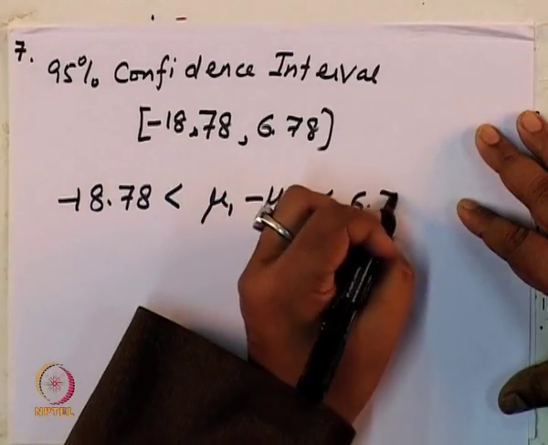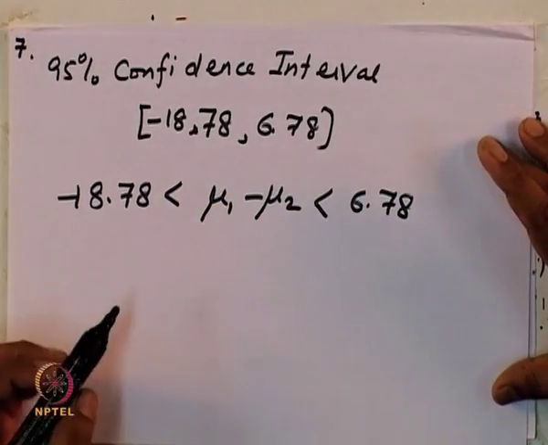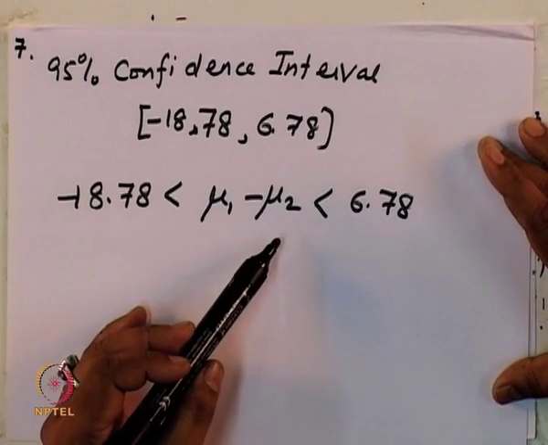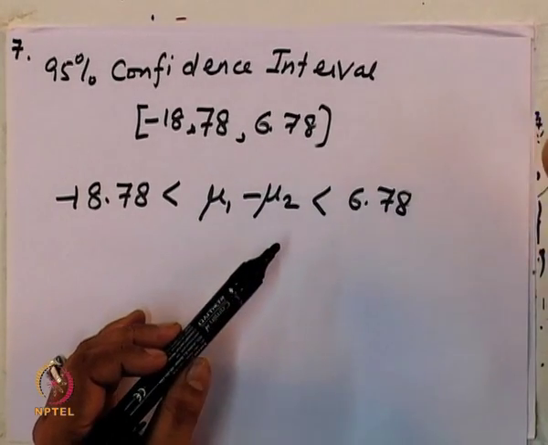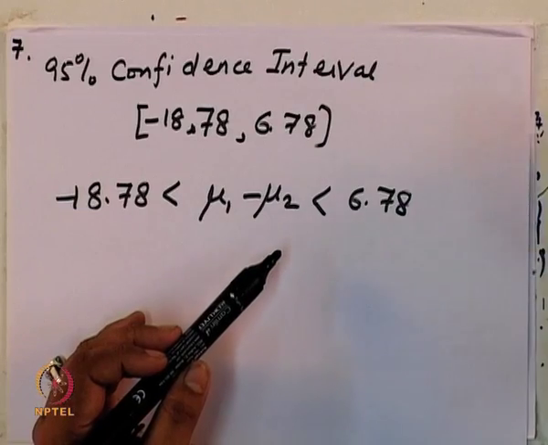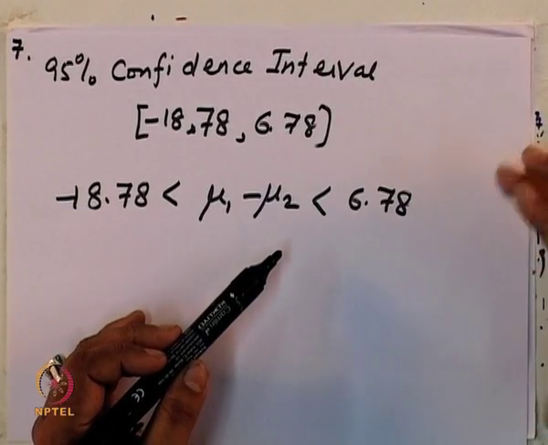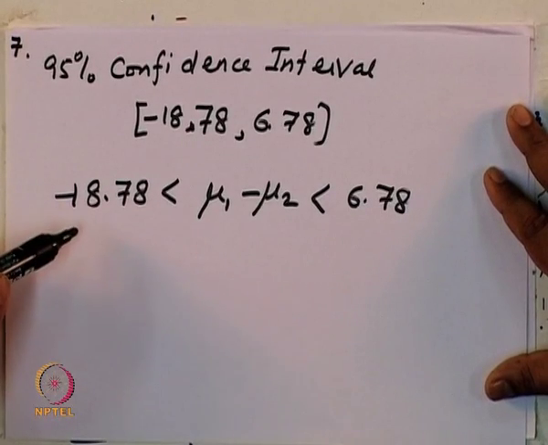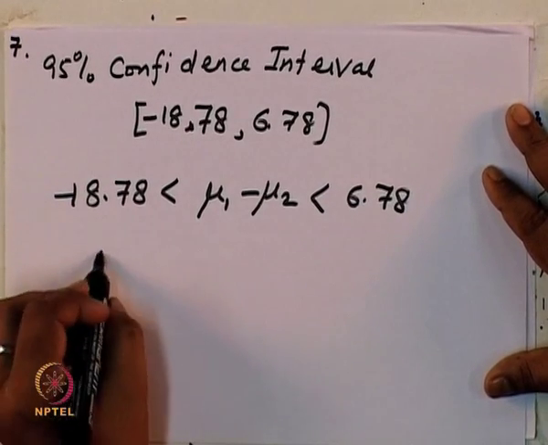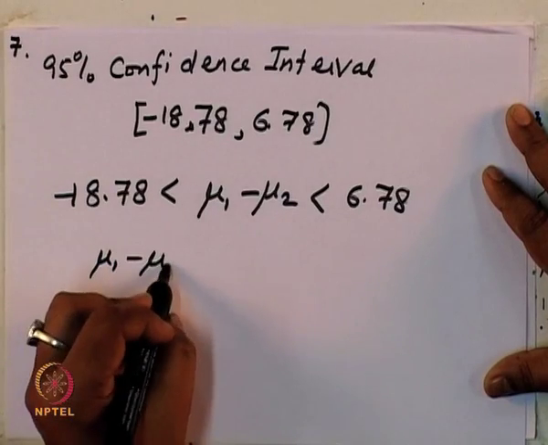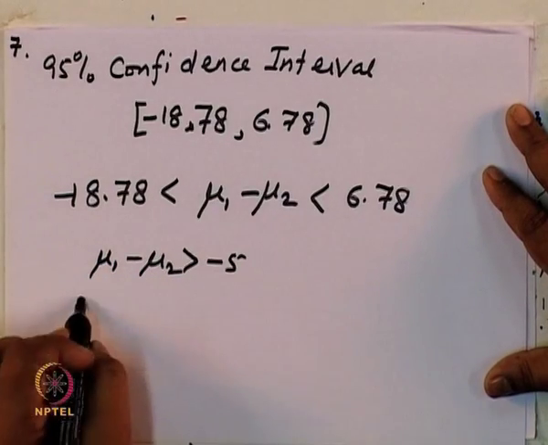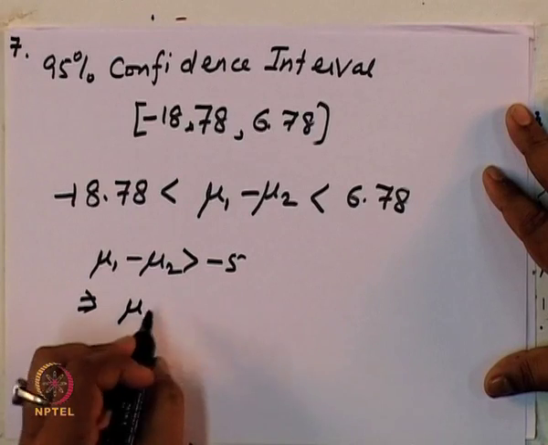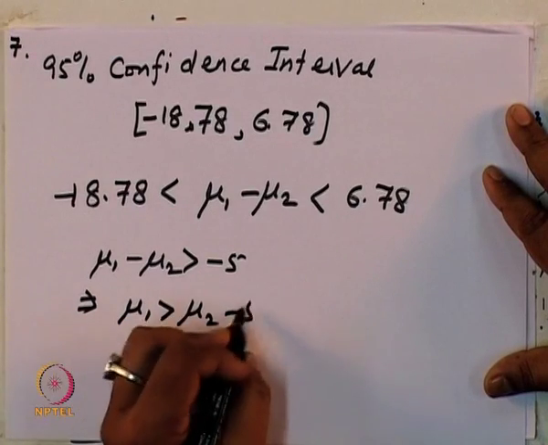So, what this means is, I can write minus 18.78 less than mu 1 minus mu 2 less than 6.78. If mu 1 equal to mu 2 was there, then you would have concluded that there is no difference in the average intake of dairy products by men versus women. If it is negative, then there is a possibility that your mu 1 minus mu 2 is greater than, let us say, minus 5, implying mu 1 is greater than mu 2 minus 5.